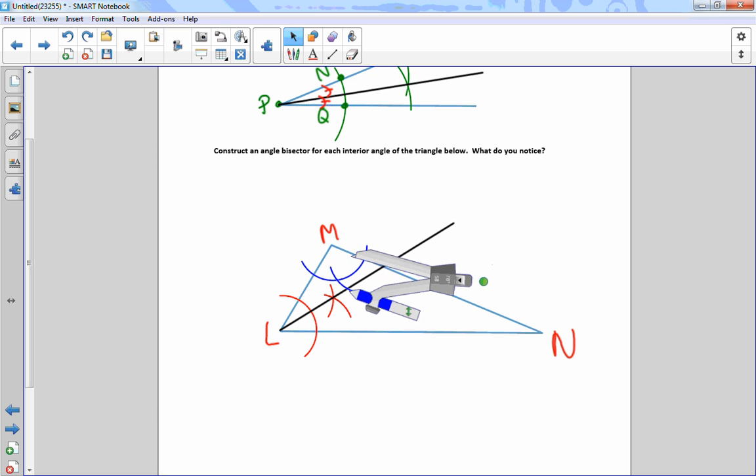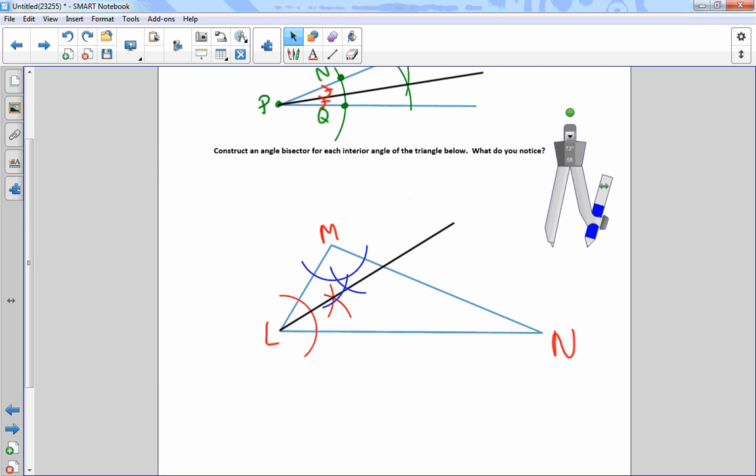Pick it up again to the other intersection and draw your third arc, mine are blue this time, so that the arcs intersect. When the last two arcs intersect, you're going to connect that intersection to the vertex M. And make sure you draw perfectly through those if you can.